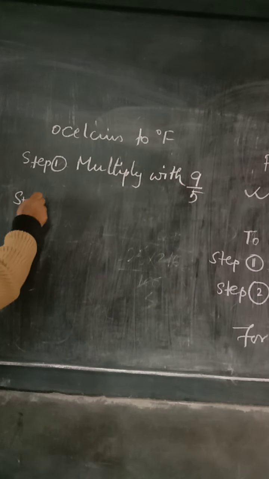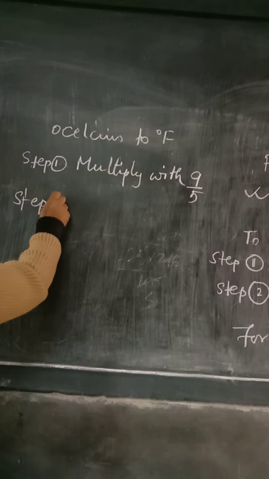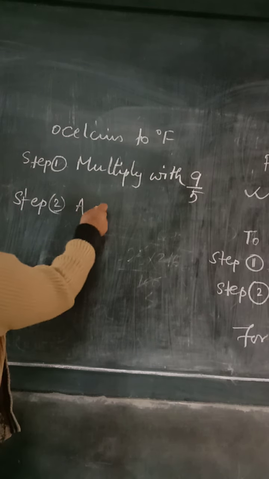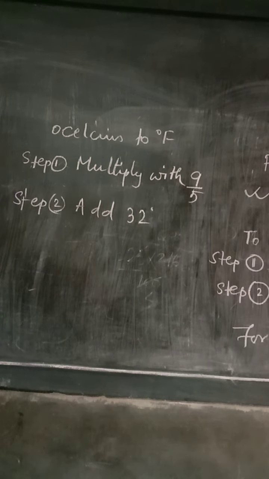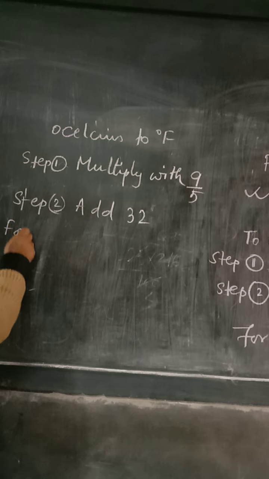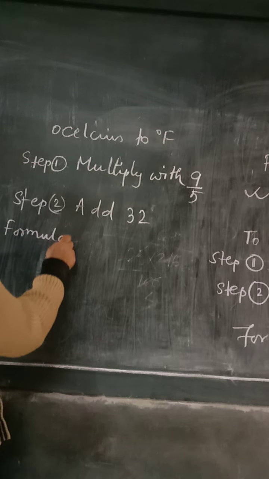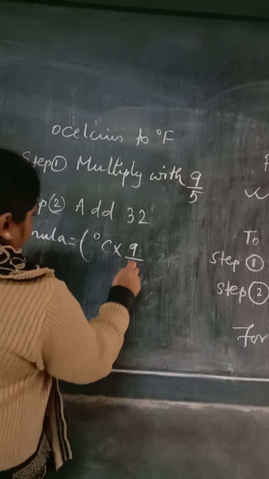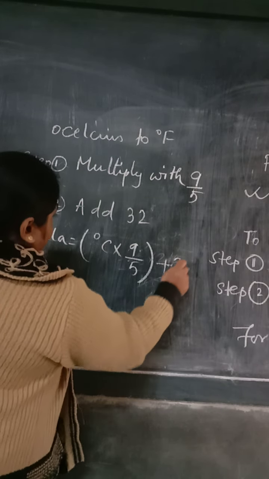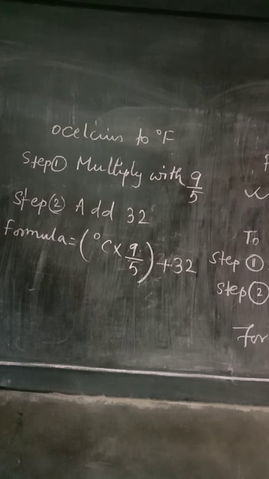Then step 2, add 32. This is just opposite. Now you see the formula for this: degree Celsius into 9 by 5 plus 32.